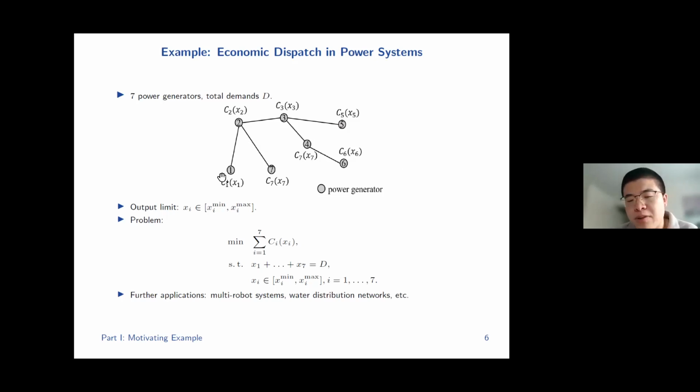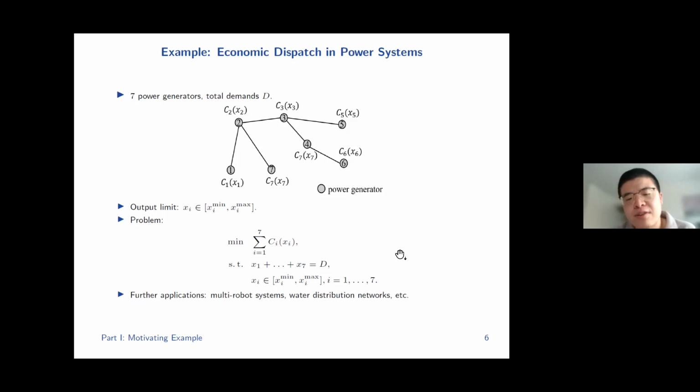Each power generator can only generate power in this interval. Then it is natural to ask, what is the optimal policy for these power generators to generate to meet the power demand with the minimal total generating cost? This problem can be described by this optimization problem.